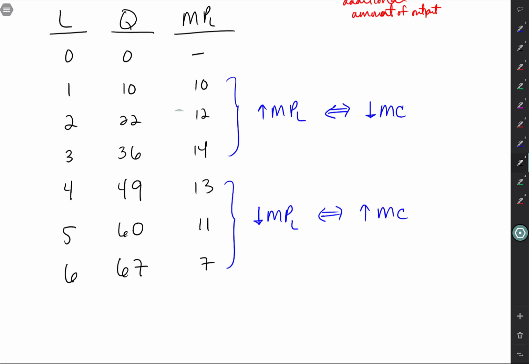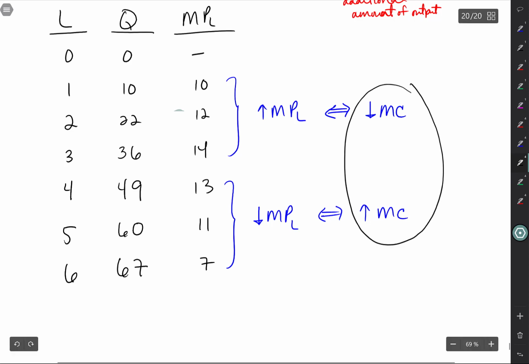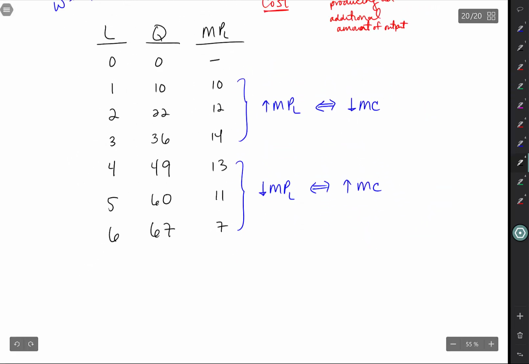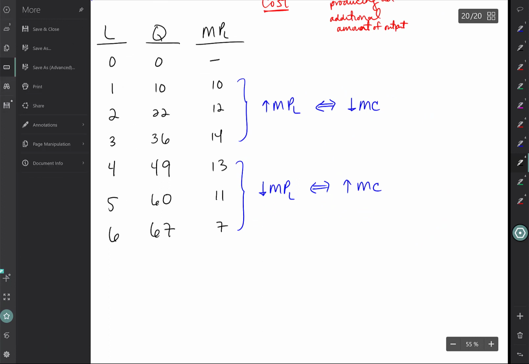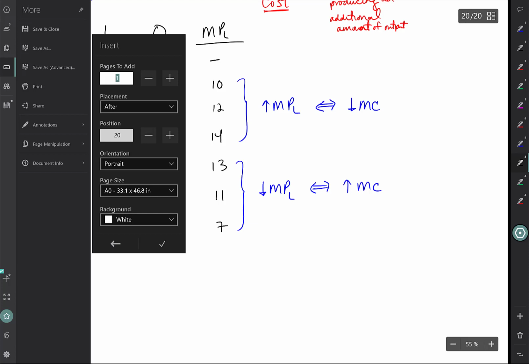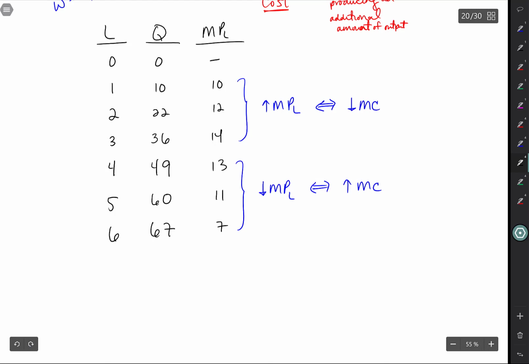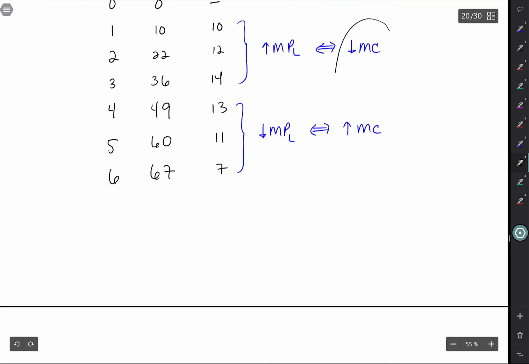Now let's actually plot marginal cost. Okay. Marginal cost here, notice what happens. Initially it's decreasing, but eventually it's picking up. And so if I'm going to plot marginal cost, let me give us some more pages to work with here. We won't need that many. So again, initially diminishing marginal cost, and then eventually picking up.